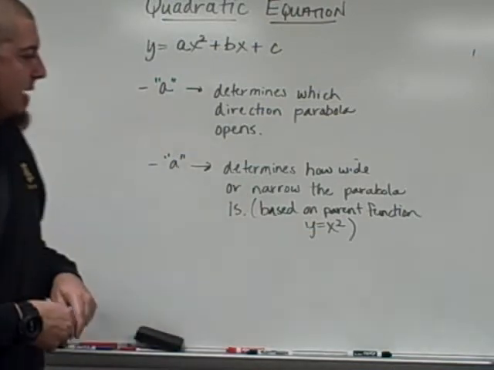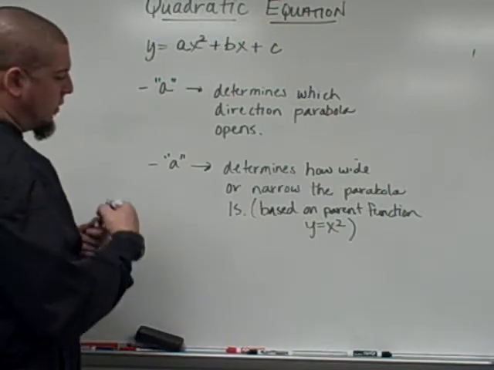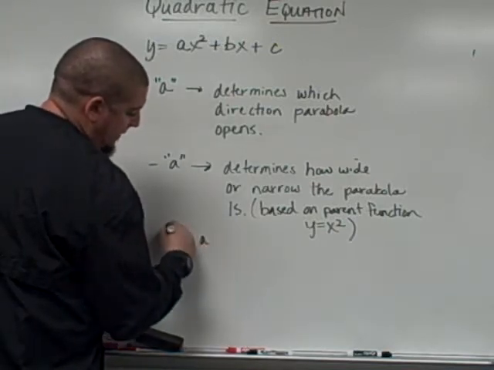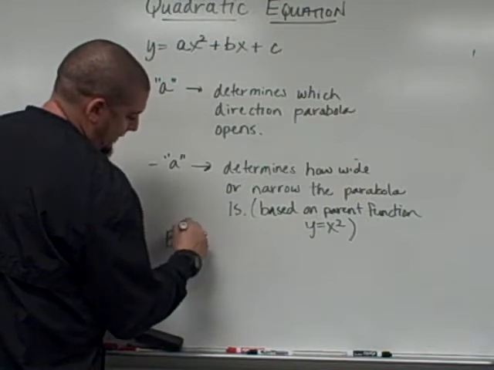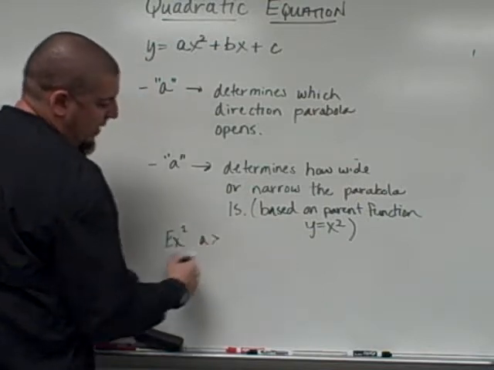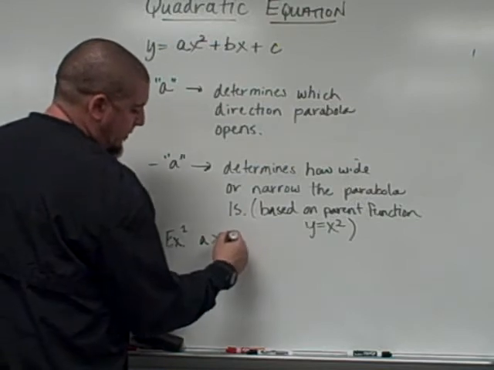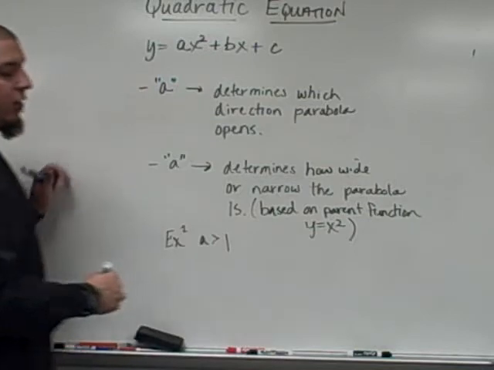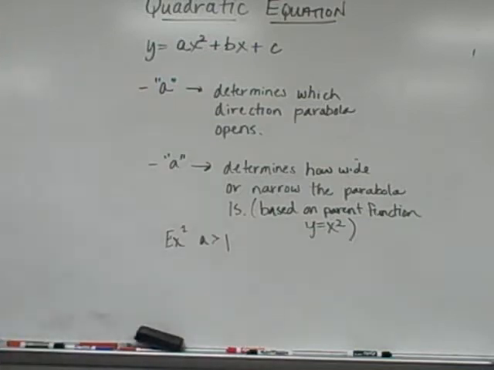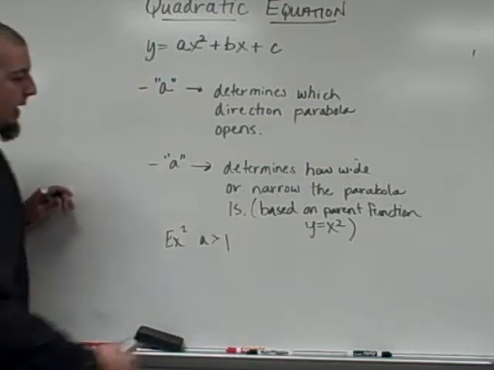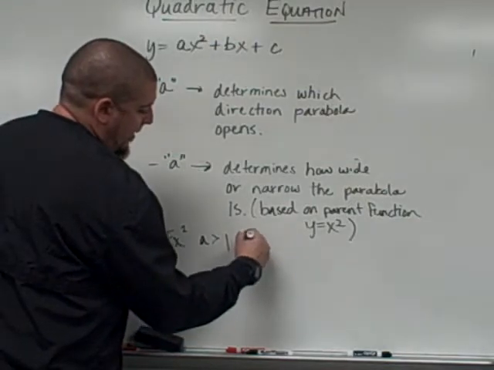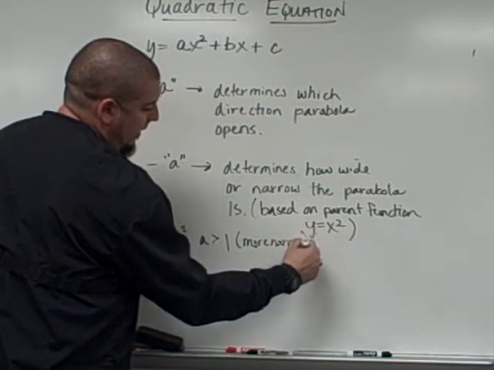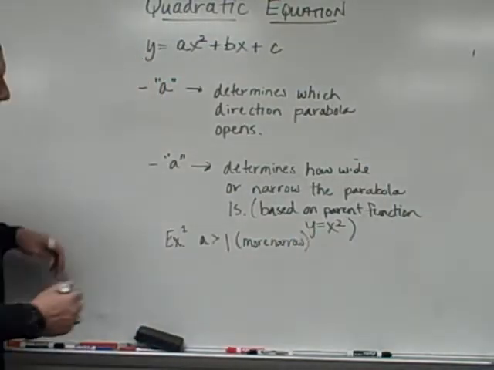Now, let me give you an example. There's 3 things we're going to look at. If A is greater than 1, excuse me, let's go to 1 first. If A is greater than 1, it is going to be more narrow.